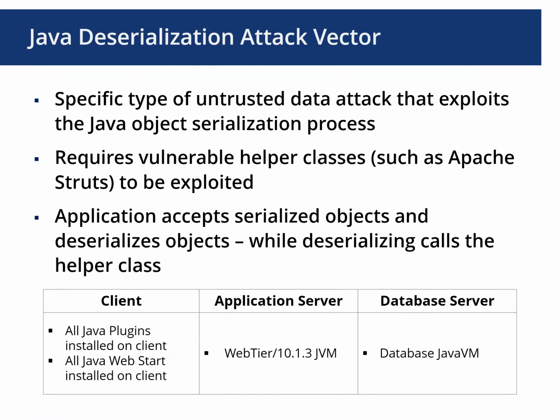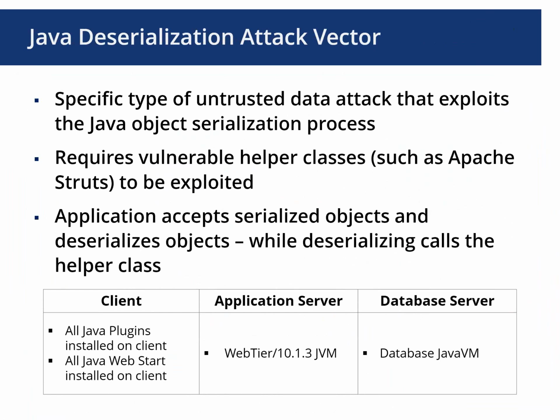But I also need a second piece to it. I need this helper function, and the Java security patches are actually fixing these helper functions. I need something to actually exploit, something to execute my code. So it's a two-step process. One is to accept a serialized object and deserialize it, and then that serialized object calls out to something, and that's the exploit.